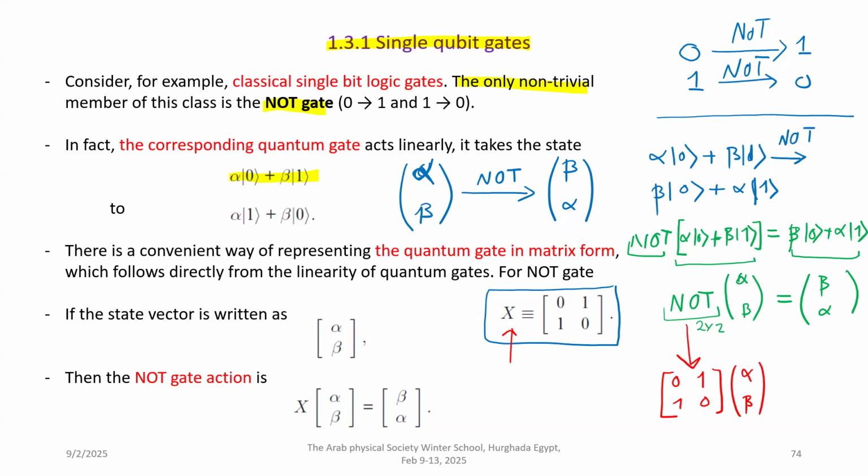So if you multiply this matrix times this column, what's going to happen is it's going to flip, and you get this. Okay, so alpha beta becomes beta alpha. So you are going to flip things by multiplying a matrix times alpha beta.